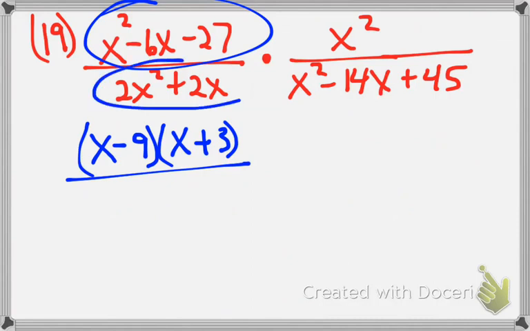For this denominator, I have two terms, but they're not both perfect squares, so instead I have to see what they have in common. They're both divisible by 2, so I'm going to take a 2 out. And they both have at least one x, so I'm going to take an x out, and then put my parentheses. When I divide by 2x, what I'm left with here is x plus 1.